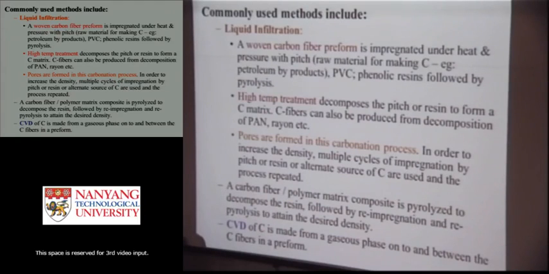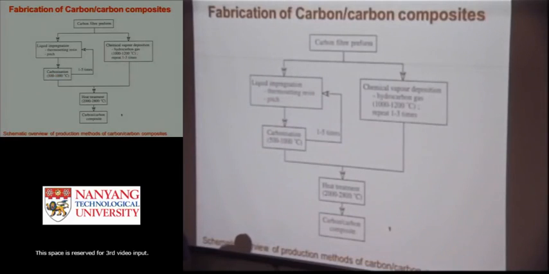That means you need carbonization. During carbonization, another problem shows up: all these organic precursors, when decomposed to become carbon, will lose small molecules. When they lose small molecules, they introduce holes inside. That hole or void, you need to go back and fill again, right? So the typical procedure is here, okay.